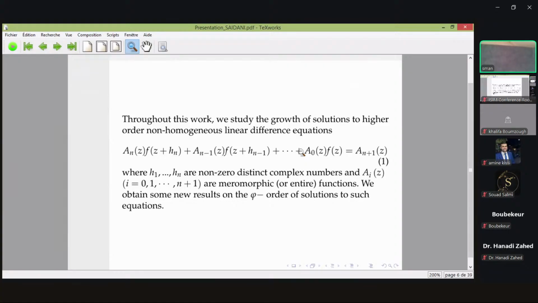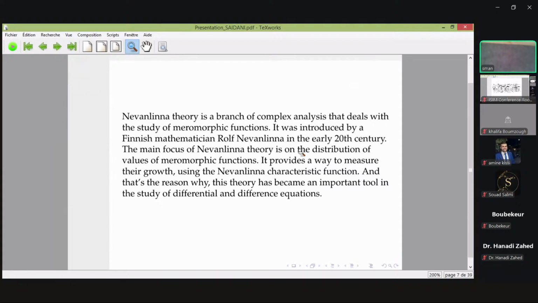The objective of this work is to study the growth of solutions to higher order non-homogeneous linear differential equations of the form (1), where the coefficients A_j, F are entire or meromorphic functions. We obtain some new results on the phi order of solutions to such equations. Nevanlinna theory is a branch of complex analysis that deals with the study of meromorphic functions.